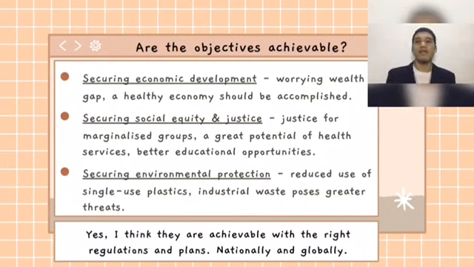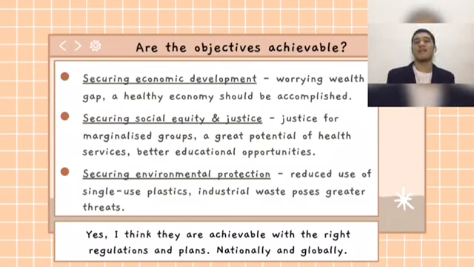Next, our health services show a great potential, as we can see from how our Ministry of Health, specifically Dr. Nur Hisham, handled the first wave of COVID-19 last year. It is not an easy feat to achieve, even globally. And our educational opportunities are getting better as we have made it compulsory to attend secondary education. So there are better opportunities for the youth.